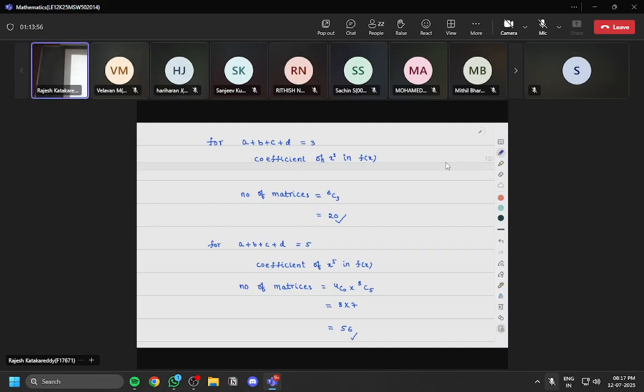See, in T1 you have all such matrices but that A square is equal to identity. In T2 you have all such matrices but that A to the power 6 is equal to identity. Clear?